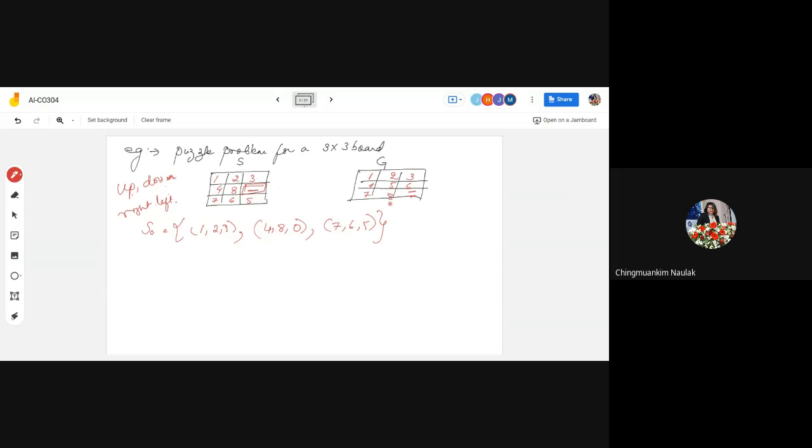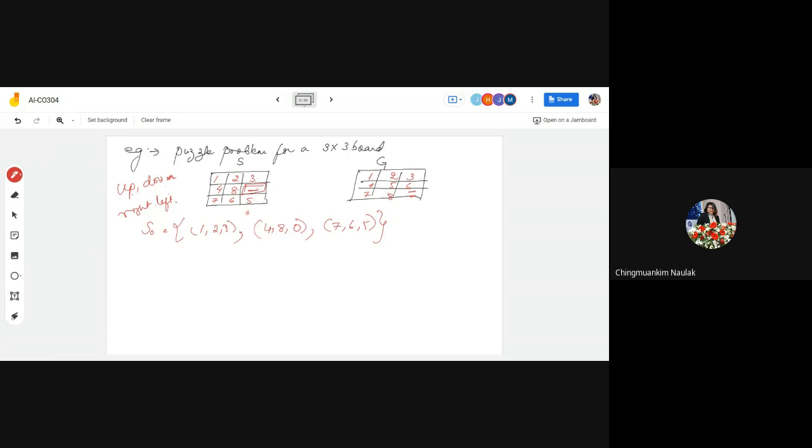But if you look at the goal state, 3 is at the right place, so it's not required to move upward. On the left side is 8, you can move it on the left side as well, or you can move this downward as well. But let us look at that. Let's apply the downward operation.